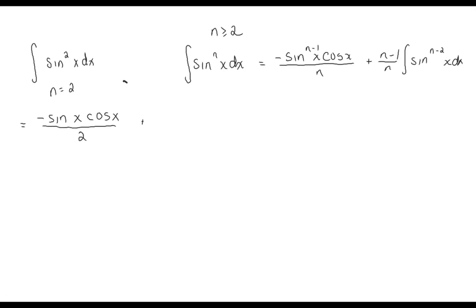Plus 2 minus 1 over 2, 1/2, the integral of sine to the n minus 2, sine to the 0 power of x. So take a minute and peek at that and make sure that you can figure out where all of those pieces came from. So plugging in n equals 2 on the left and right hand side of that formula should lead to that.